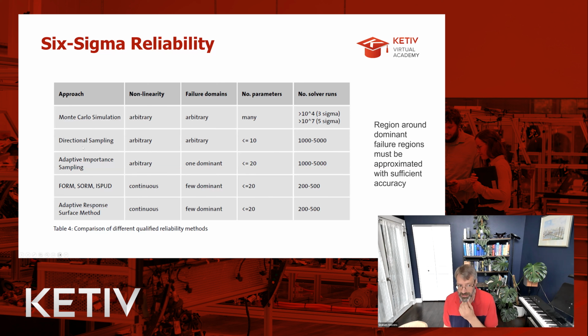And Optislang has some directional sampling, some of these other methods in terms of qualified reliability methods that'll reduce the total number of runs to get equivalent results relative to these dominant failure regions, and really get a better sense of whether your design is going to fail given XYZ variability.